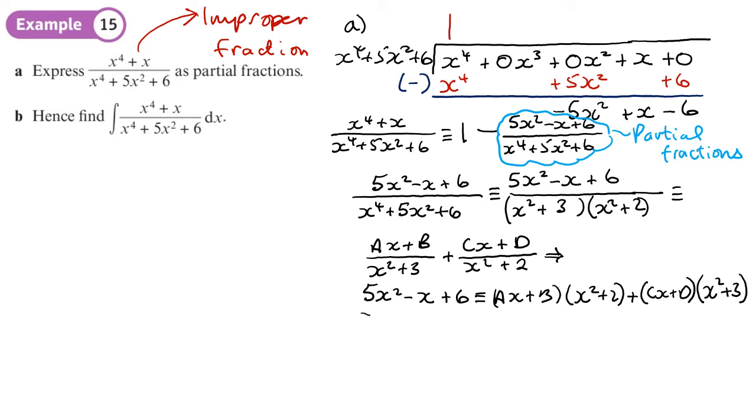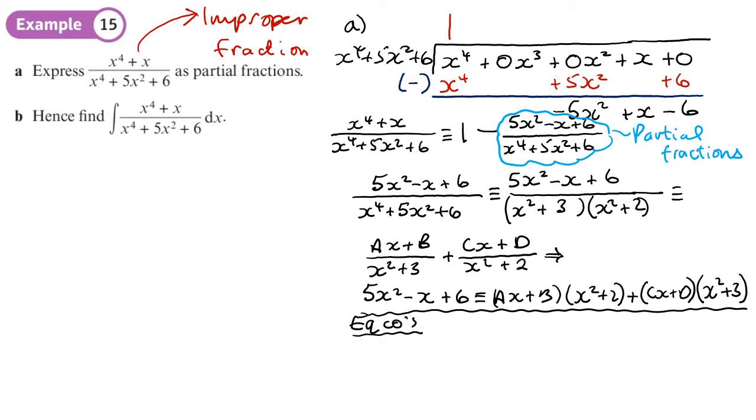So now we could choose values of x to try and make brackets disappear. Is that going to work? I don't think it is. No, so we've got to equate coefficients.